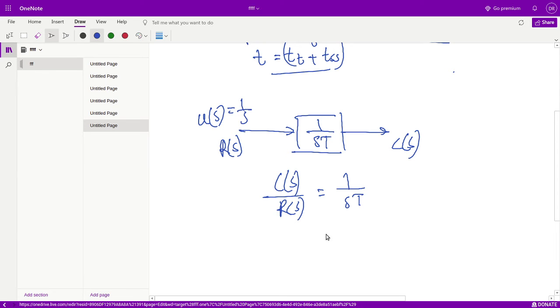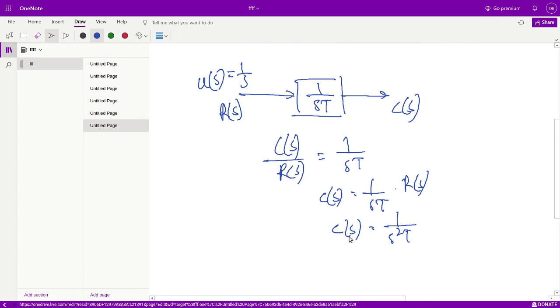Yes, 1 by s. So now C(s) equals 1 by s squared T, and that's why C(t) equals t by T, which is the ramp function. So if we apply a unit step function to the first order system, the output is a ramp function. It is not a controllable parameter because there is no feedback present.